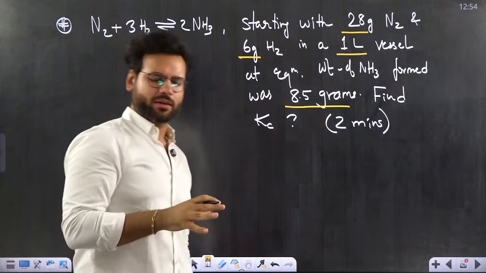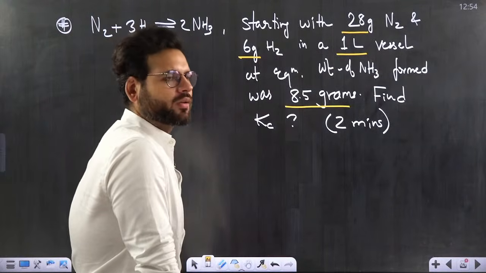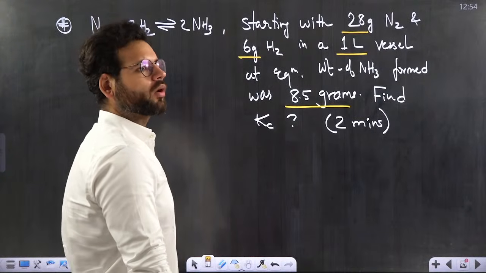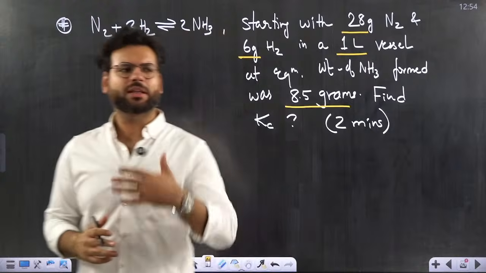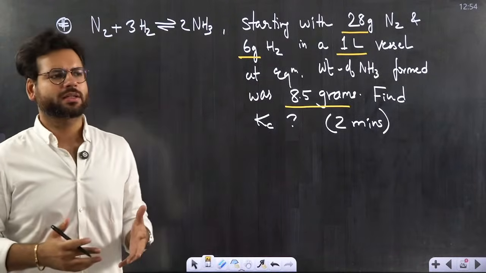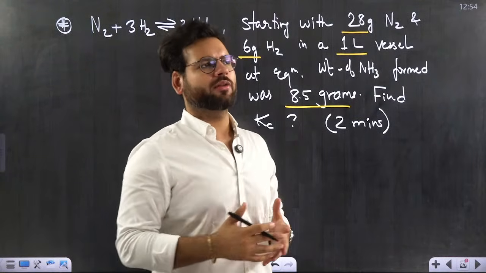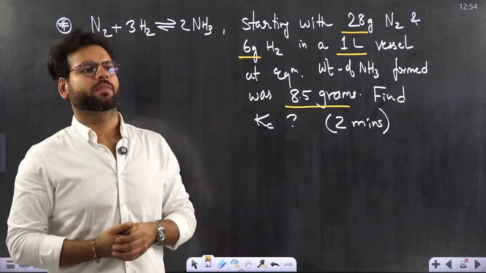Write RICE, reaction, initial, change, equilibrium. Write the initial concentrations of N2 and H2. According to their stoichiometry, you can break them in the same ratio of stoichiometry. Nitrogen will break 1x, hydrogen will break 3x, and ammonia shall form 2x. And then continue.